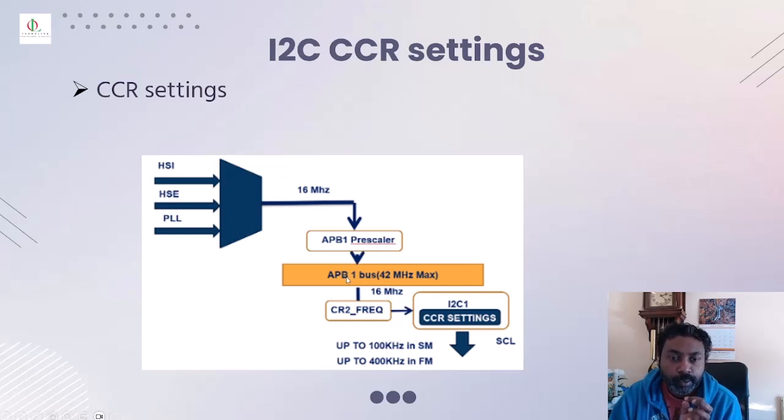The APB1 bus connects at a maximum of 42 megahertz, but we're using the pre-scaler to get 16 megahertz out. So 42 will be divided to get the 16 megahertz, and the 16 megahertz will be sent to the I2C1 for the CCR setting. In the next slide you will see a small example of how the CCR calculation is made, and this is how the serial clock is sent to the application to transfer.